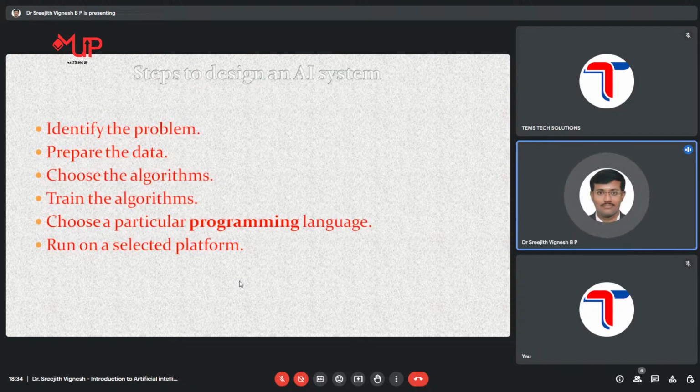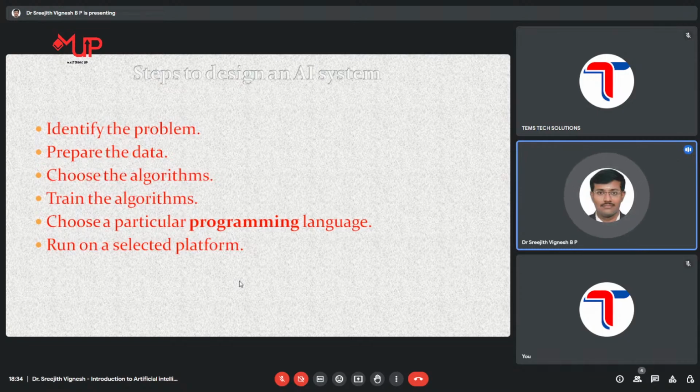And for all kinds of data analytics, I used to prefer R programming, because R is a very wonderful language. But comparably, Python will be best for an initial start, because Python is very easy to understand, and the coding is very less. And you can choose any selected platform to run Python.